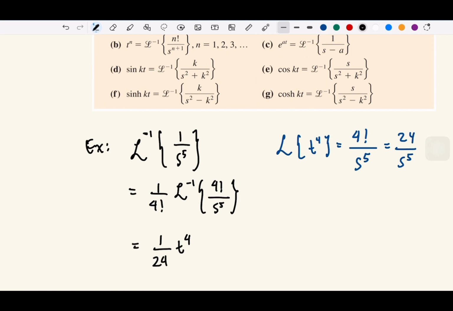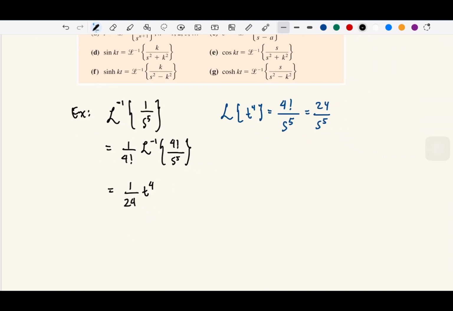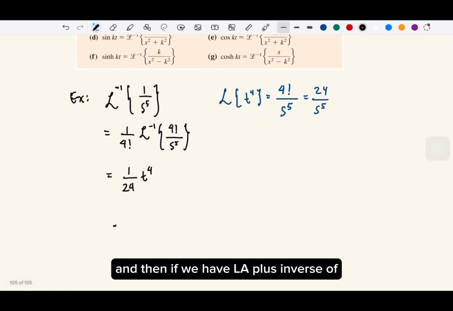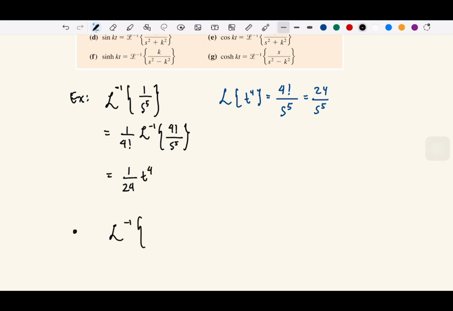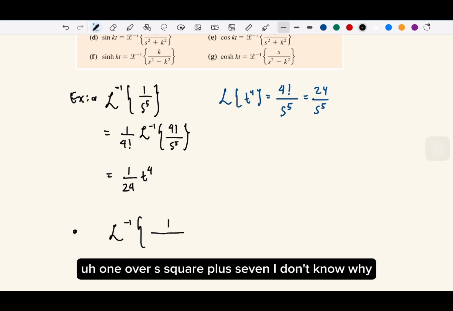Okay. And then if we have the Laplace inverse of 1 over s squared plus 7.